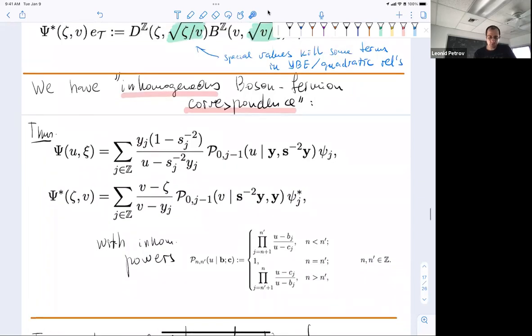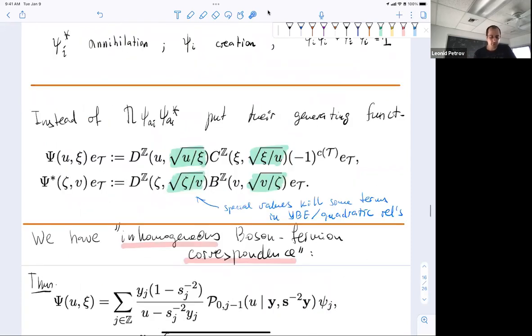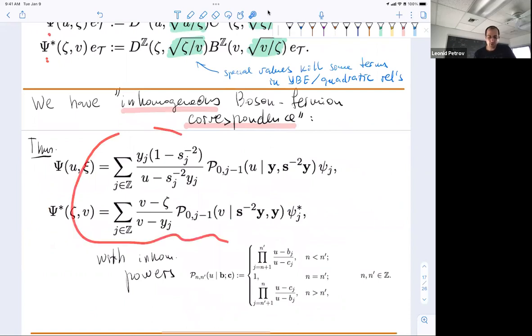At the same time, there is something bosonic about these psi operators. Right. So in this way, if I put in my probability, instead of this product, a product of several of these operators, like psi, psi star, psi, psi star, then after expanding like this, the coefficients are now certain inhomogeneous powers of u and v, like the notation that I used before.